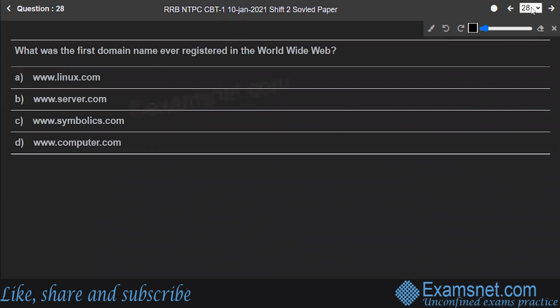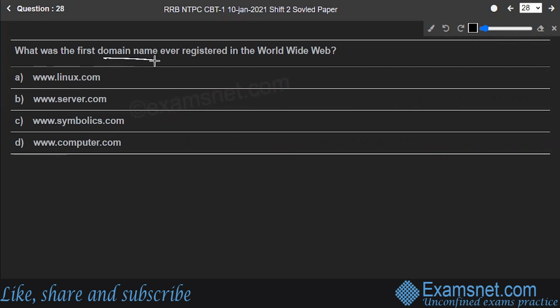Which was the first domain name ever registered in the World Wide Web? Linux.com, server.com, symbolics.com, or computer.com. Well, before discussing the correct answer, let's discuss what a domain name actually is.